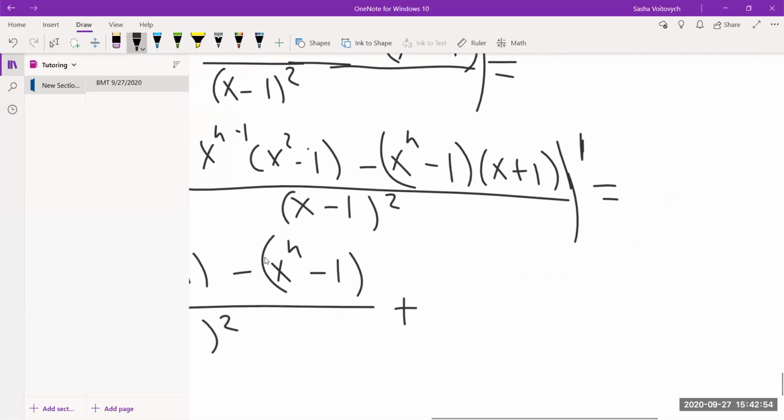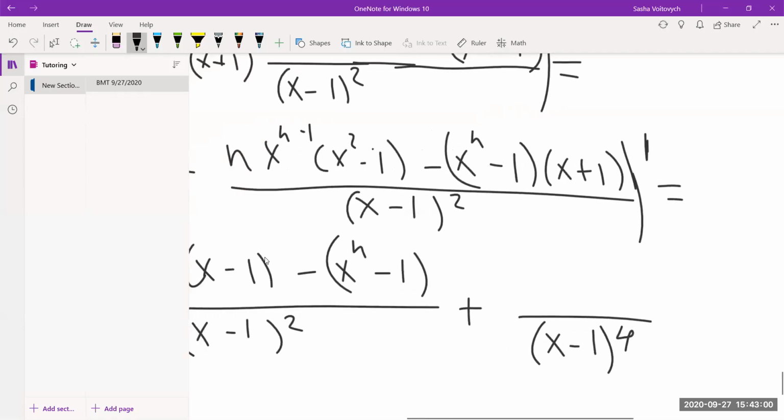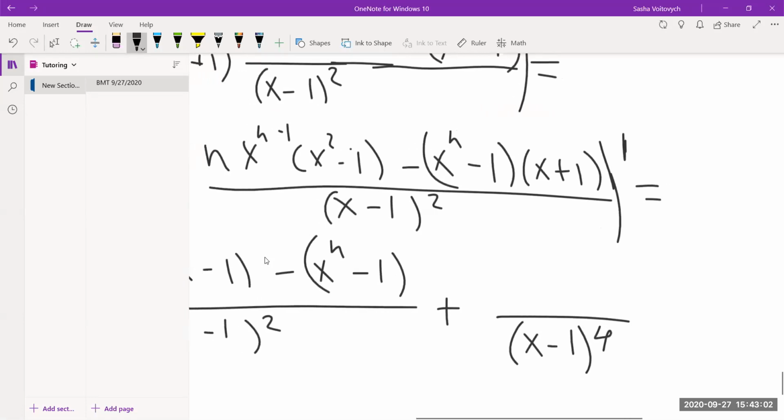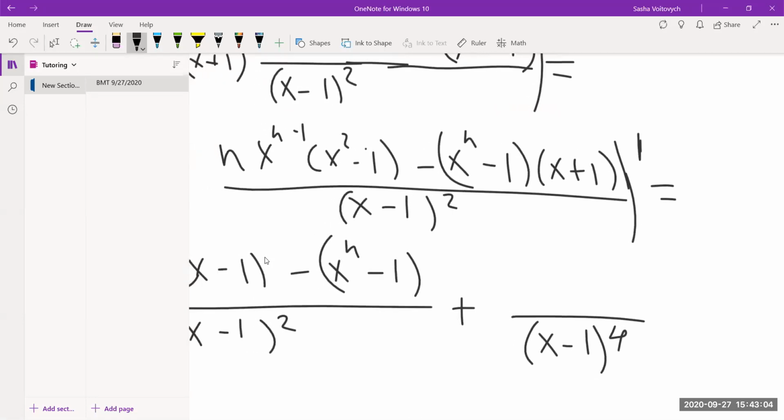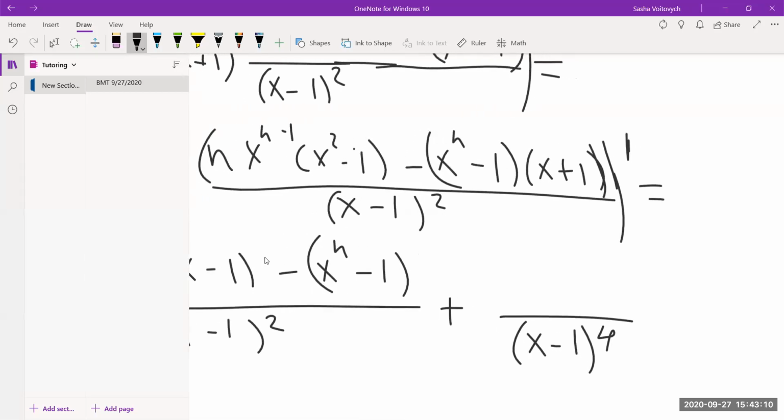Okay, so we will have (x - 1) to the power of 4 in the denominator, and in the numerator we will have, so the derivative of the numerator we first have to take.